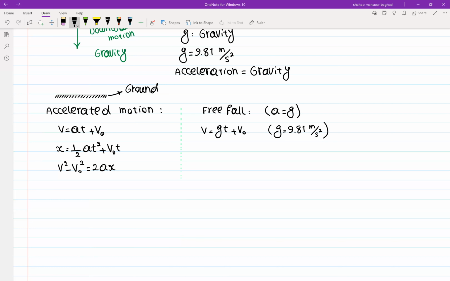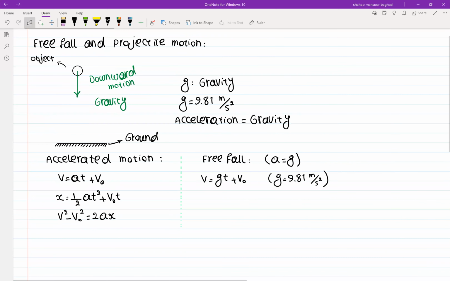The next one is the displacement equation. Along a horizontal line, you have x or displacement. But along a vertical line, instead of x, you have h. h stands for height because that's vertical. Therefore, you have the height traveled by your falling object here. h equals half g t squared plus v0 t.